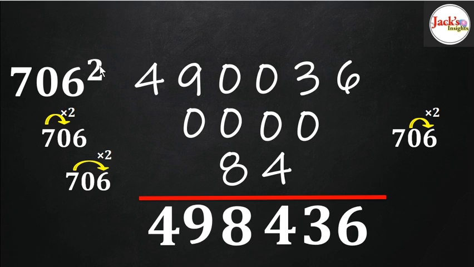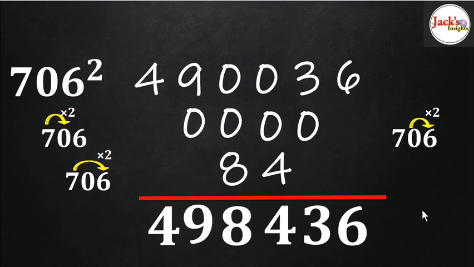So if ever the middle digit is 0, we can shorten the process. We can skip the second layer of this process, so we can go directly to the third step. Since 00 naman ang results, we can do that.